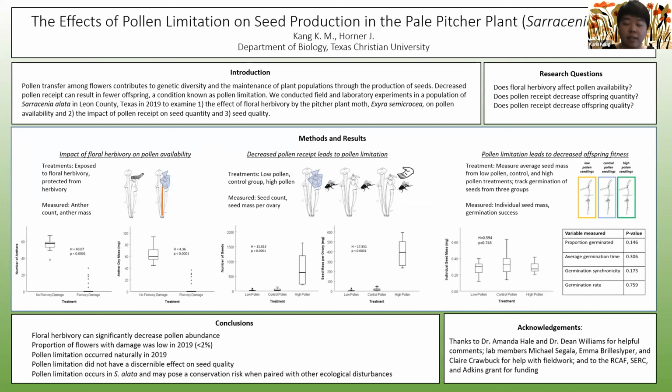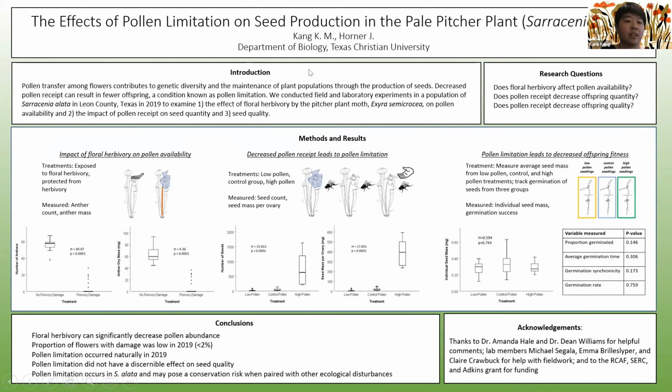So with all of this in mind, our study looked at a population of pale pitcher plants, or Sarracenia alata, in Central Texas. And we asked three main research questions: whether floral herbivory could affect pollen availability, whether decreased pollen receipt could impact offspring quantity or the number of seeds that are produced, and then finally, whether pollen limitation or decreased pollen receipt could affect seed quality.